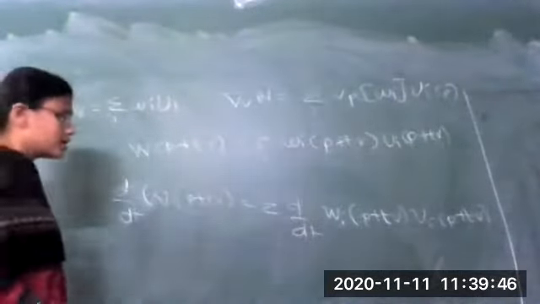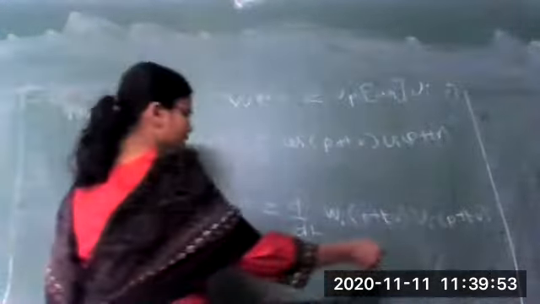What will be the value at t equal to 0? As we have not evaluated yet, let us put t equal to 0 here.